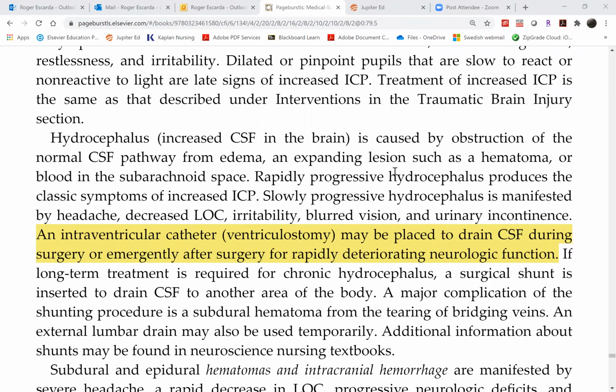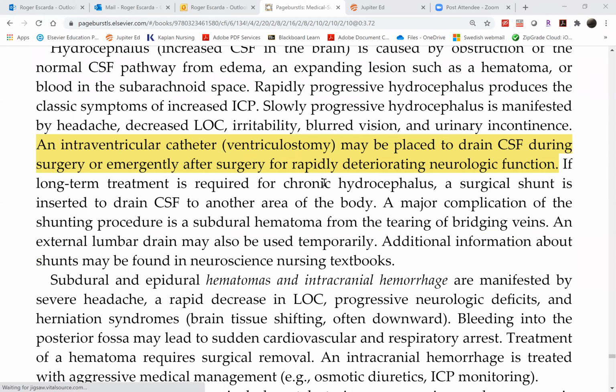So the doctor will give you an order. Let's say you notice ICP is rising, the doctor will tell you, okay, drain this much CSF from the IVC. So it serves two functions. That's why it's widely used over the other methods.